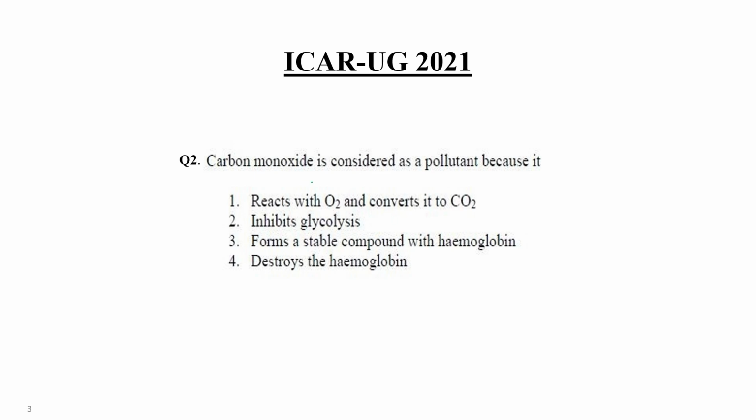Carbon monoxide is considered as a pollutant because it reacts with oxygen and converts it to carbon dioxide, or it inhibits glycolysis, or it forms a stable compound with hemoglobin, or it destroys the hemoglobin. Why is carbon monoxide considered as a pollutant?